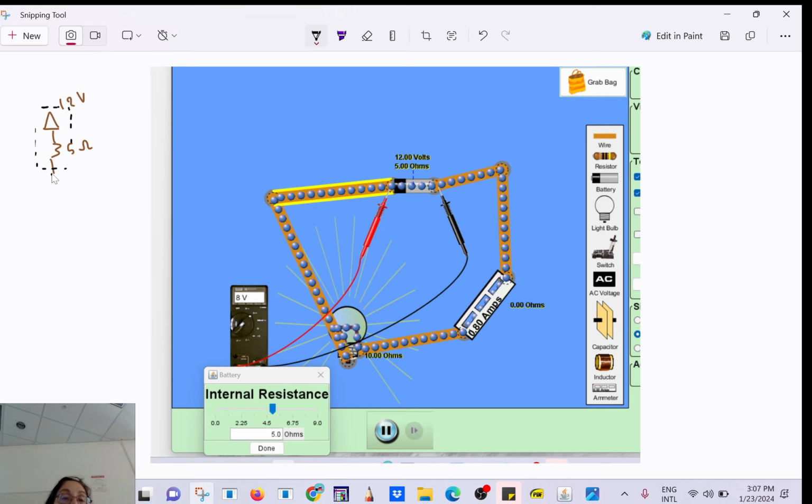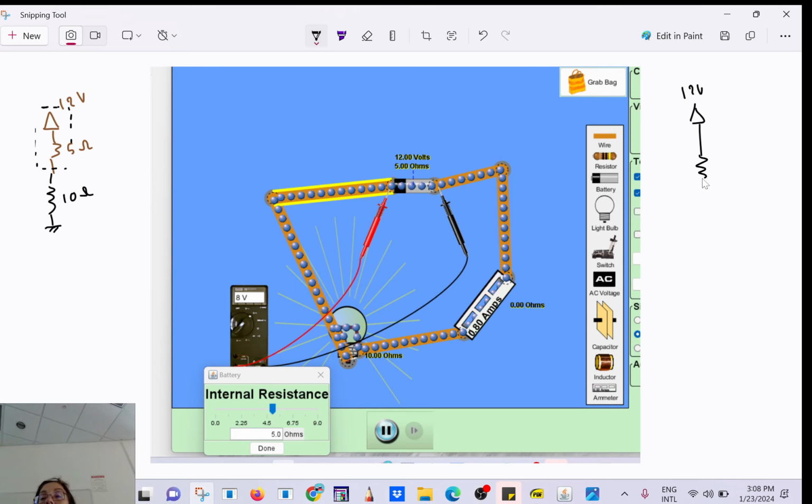And then you have your load, and the load here is 10 ohm. And here you have 12. So what's the equivalent resistance now? So I have the sneaky one here, plus my load.